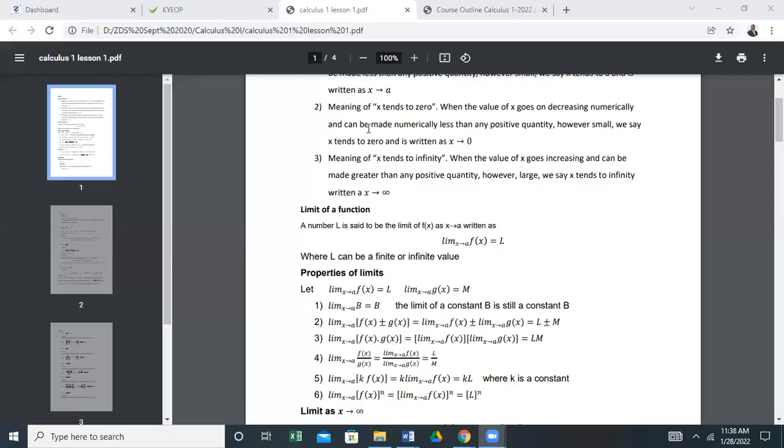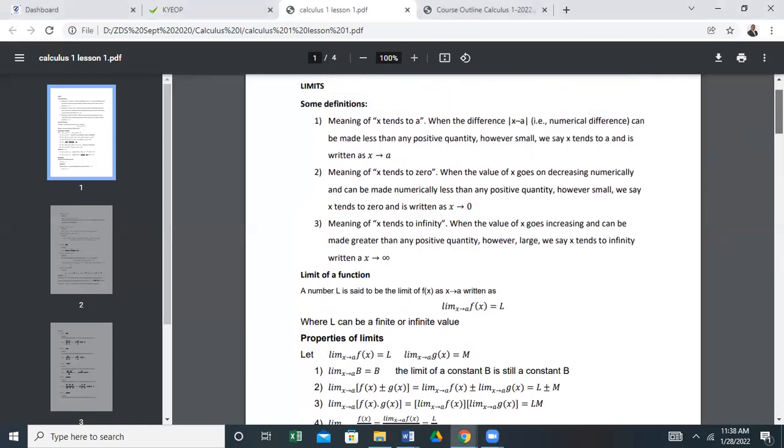I want to share the limits. Hope on your screen you can now see the limits, right? Very well.